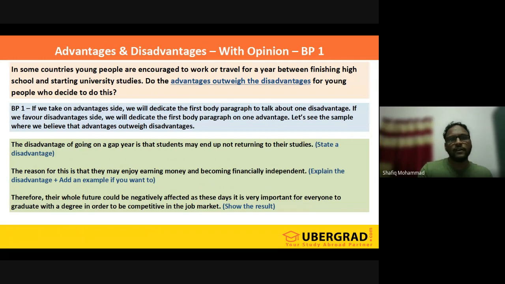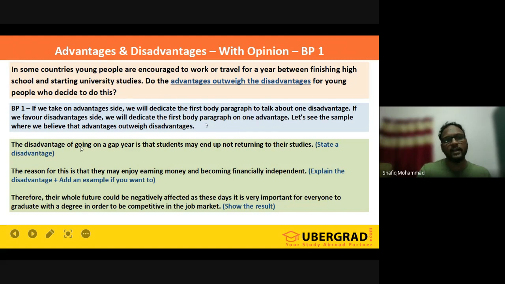So the first body paragraph: if we take the advantages side, we will dedicate the first body paragraph to talk about disadvantages. If we favor the disadvantages side, we will dedicate the first body paragraph to advantages. Let's see an example.